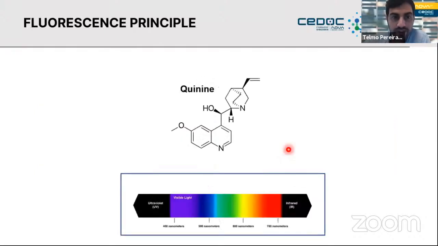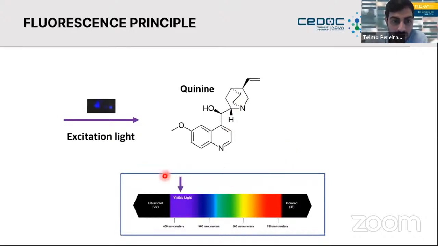So to explore this a bit further and to take this example in a more pragmatic way, if we take the quinine molecule and we excite it with UV light, and this light would be around this part of the spectra, so around 400-something nanometers, you are exciting the quinine molecule.